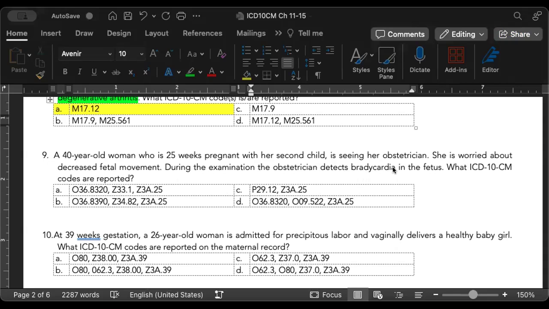So we will look underneath complicated, and then you will go to abnormal, and then you have a fetal heart rate or rhythm. Does everybody see that? So pregnancy complicated by abnormal fetal heart rate or rhythm.